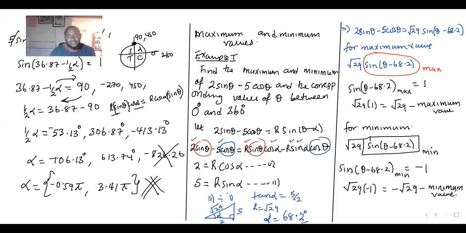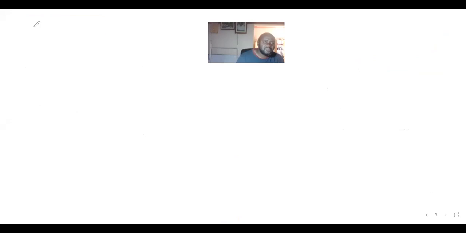Now, sometimes they even ask you to find the angles at which they occur. Find the values of theta for which the maximum value occurs, and for which the minimum value occurs. We discussed this earlier in trigonometry where we had maximum and minimum values. So for maximum, we have root of 29 sine of theta minus 68.2.